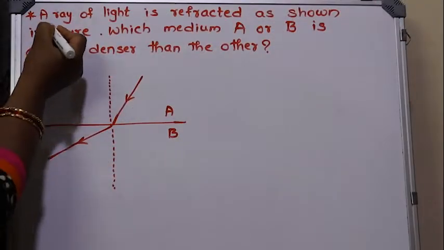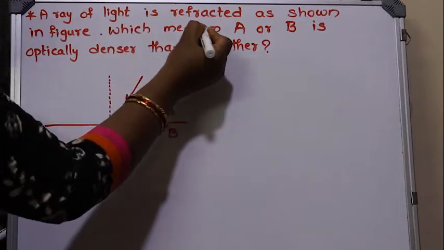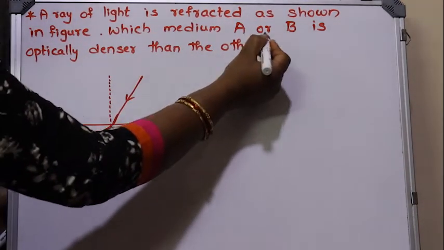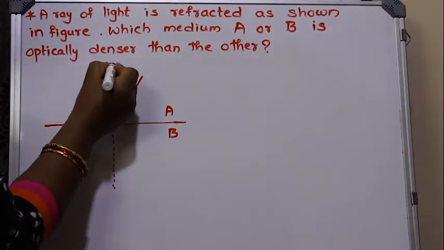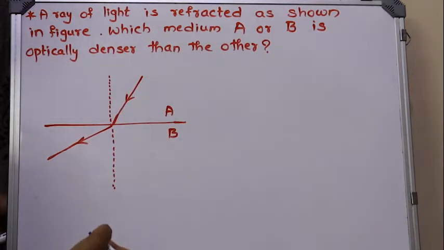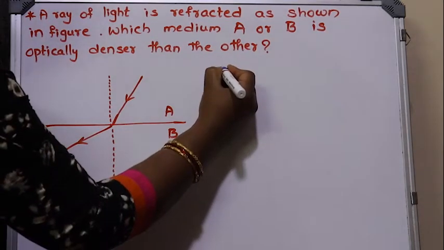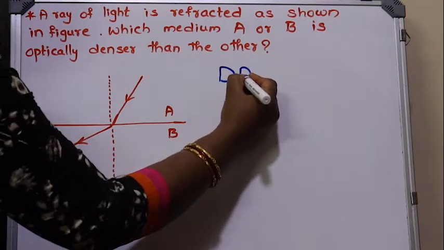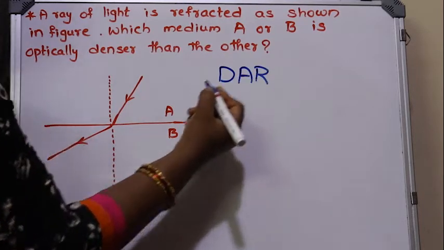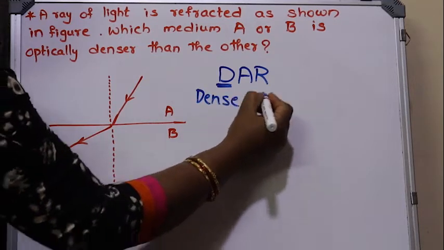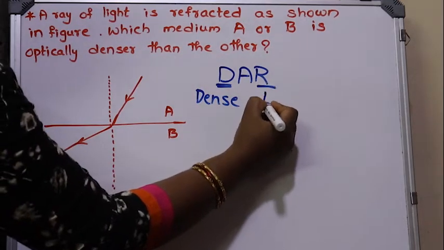The next question is, a ray of light is refracted as shown in the figure. Which medium, A or B, is optically denser than the other medium? To answer this question, remember one word, DARA. D means dense and R is rarer.